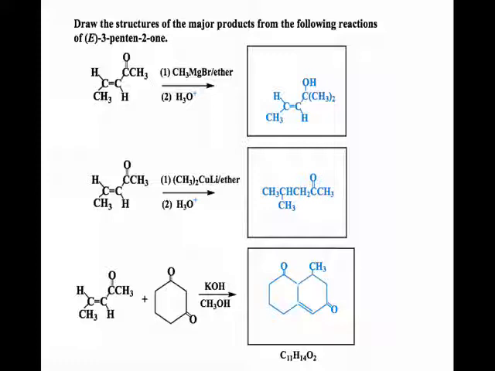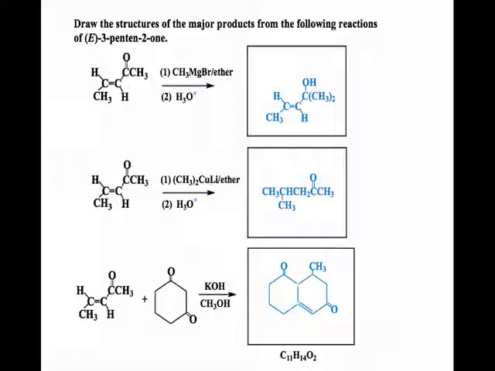The second case, we've got a cuprate, and so one of these methyl groups is going to transfer to here, and we're going to end up forming a new carbon-carbon bond on the alpha-beta carbon, right? So beta right there. And then what's the name of this reaction? Robinson annulation. And so it's going to be a what followed by what?